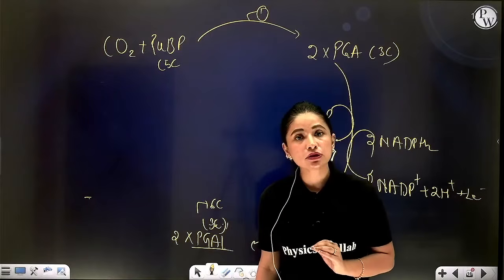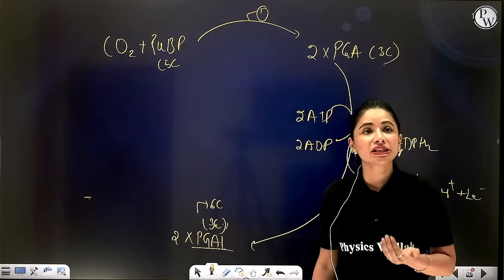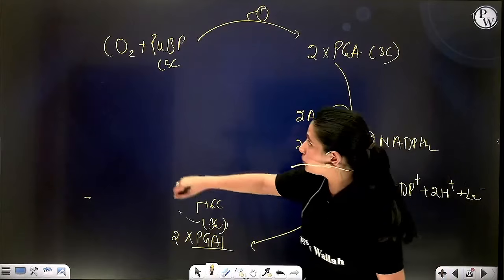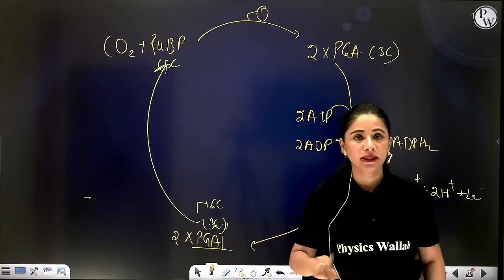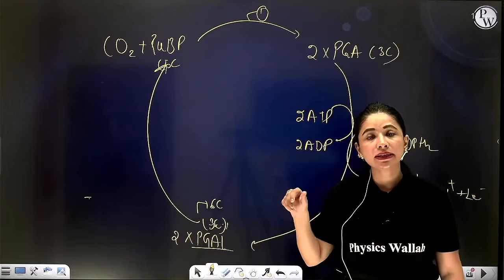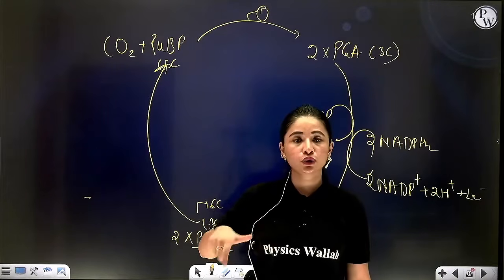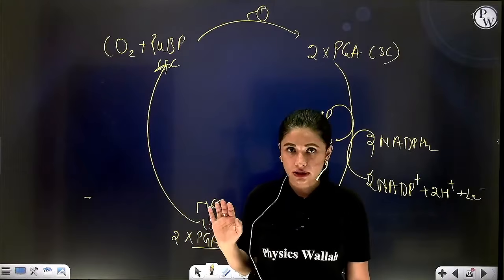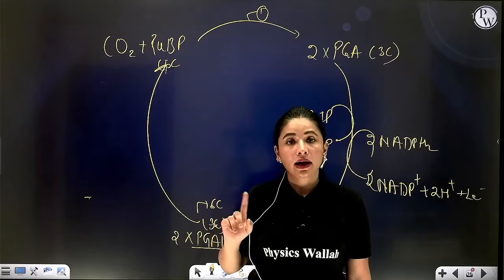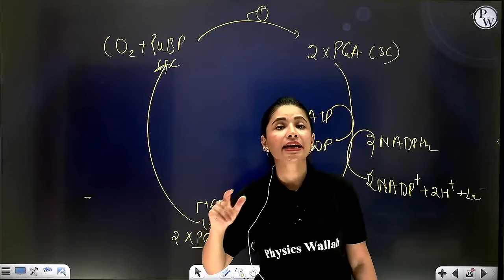The carbons of RuBP you have to regenerate. You have to convert them back to RuBP. RuBP is only a helper. It is only assisting CO2 to enter the process of the C3 cycle. But you cannot utilize its carbon.